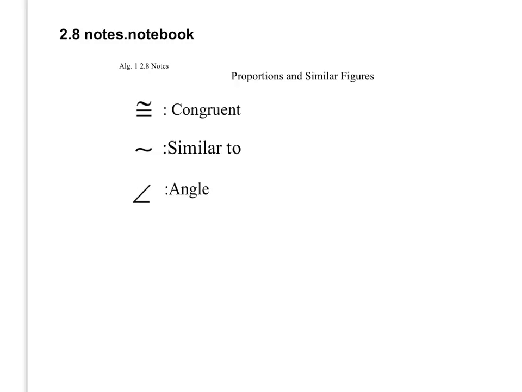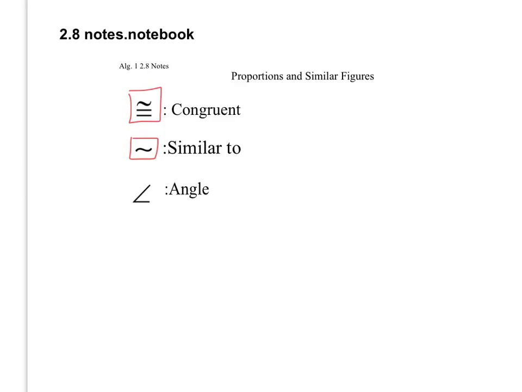similar figures. The first one, this symbol right here stands for congruent. That means that two things are the exact same. If you see this other symbol, it means similar to, which means that you could have a couple of shapes that look like they're the same shape, but they might not have the exact same sizes.